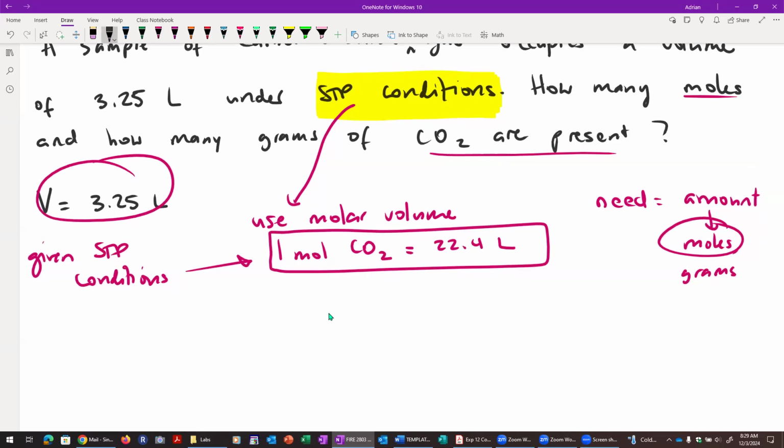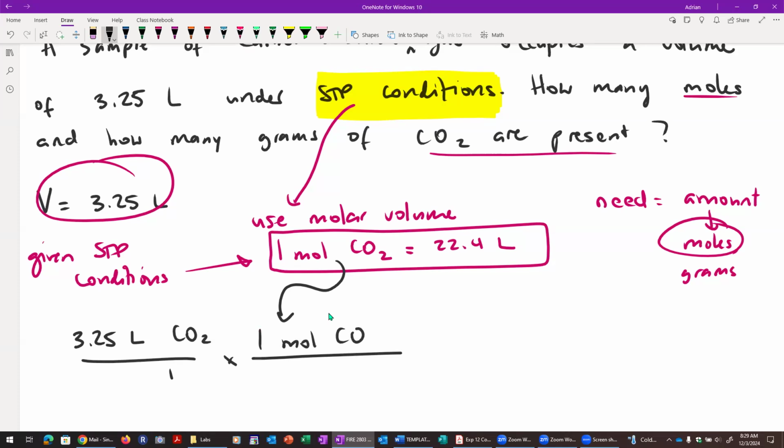So we can use this like any other relationship to help us get from one point to the other. So I have my 3.25 liters of CO2, put that over 1. I'm going to take my molar volume relationship, insert that as a conversion factor. If I want to end up with moles, the moles of CO2 go on top. So 1 mole of CO2, and if I have a mole of it, it'll occupy 22.4 liters.